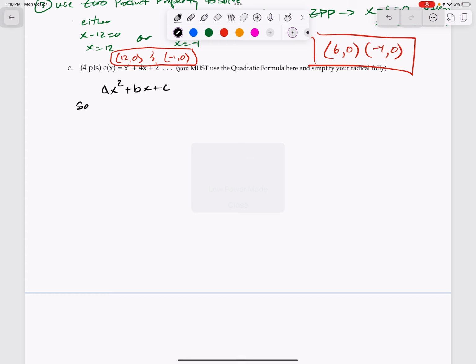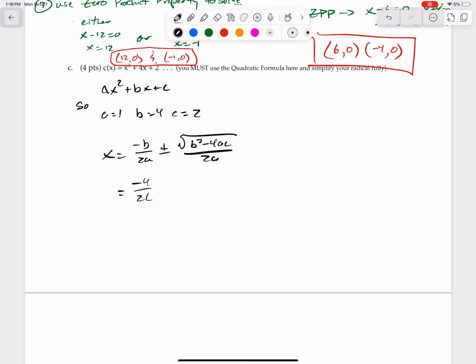So a equals 1, b equals 4, c equals 2, and x equals opposite of b over 2a plus or minus square root of b squared minus 4ac over 2a, which means it's minus 4 over 2 times 1 plus or minus the square root of 4 squared minus 4 times 1 times 2 over 2 times 1, which is minus 2 plus or minus the square root of 8 over 2.